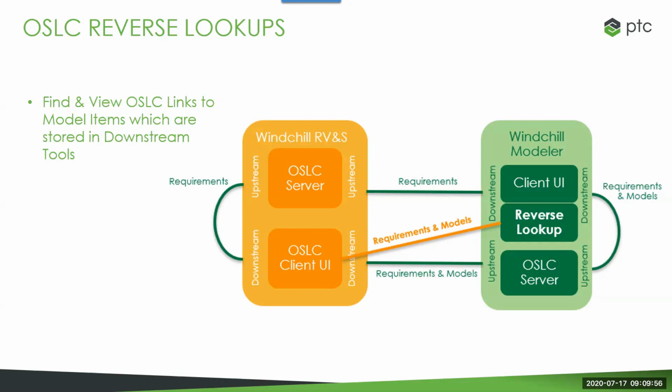We need to find a way for the Windchill Modeler user to be able to see those OSLC links and understand the traceability relationships and dependencies, even though the link is in another tool. We have the equivalent capability in RVNS. So in either tool, you're able to see OSLC links regardless of where they're stored.